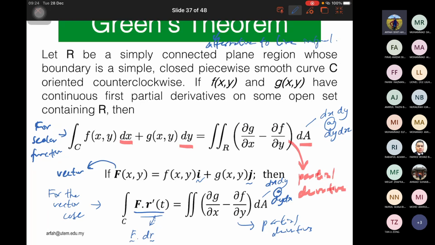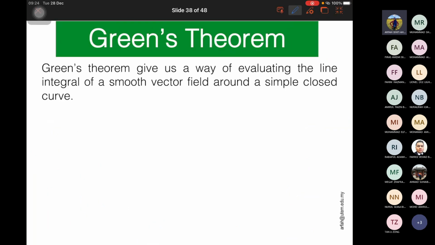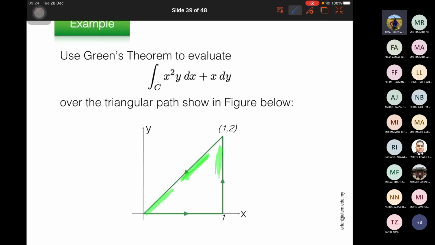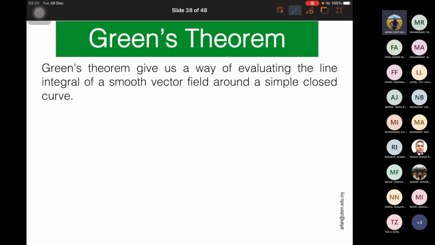So let's take a look. The Green's theorem gives us a way of evaluating the line integral of a smooth vector field around a simple closed curve. Okay. So for example, a simple closed curve. So a way of evaluating, meaning that it's just an alternative to evaluate the line integral of a smooth vector field.